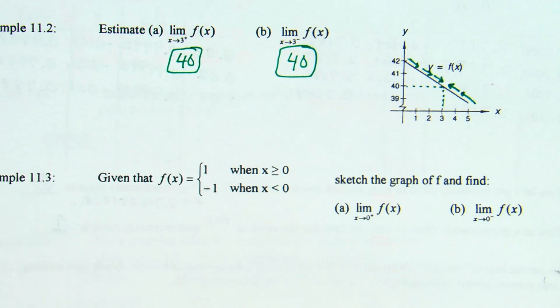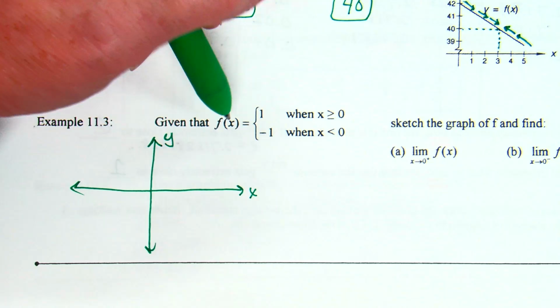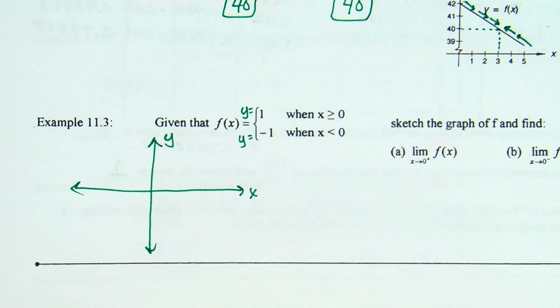There's my starting graph. Now, when it says f of x equals, remember f of x is the same as saying y equals, right? So it's the graph of y equals 1 whenever x is greater than or equal to 0, and the graph of y equals negative 1 whenever x is less than 0.